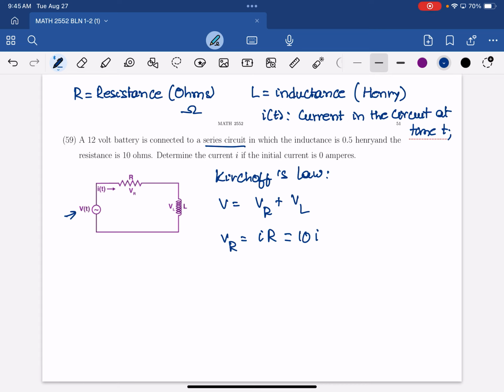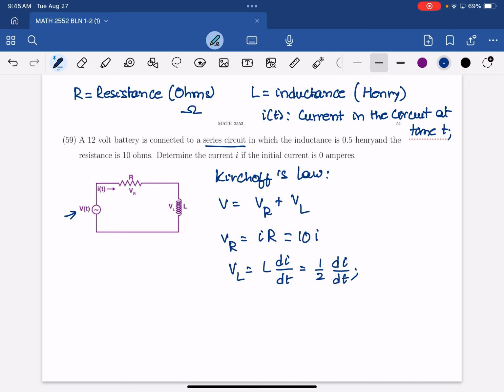The voltage drop across the inductor, VL, is going to be L di/dt. The voltage drop across the inductor is proportional to the rate of change of current in the circuit, and the constant of proportionality is the inductance, L. In this case, L is 1/2, so 1/2 di/dt.